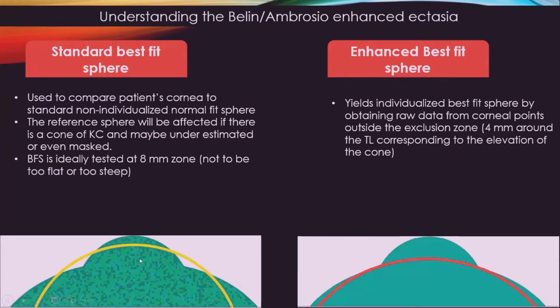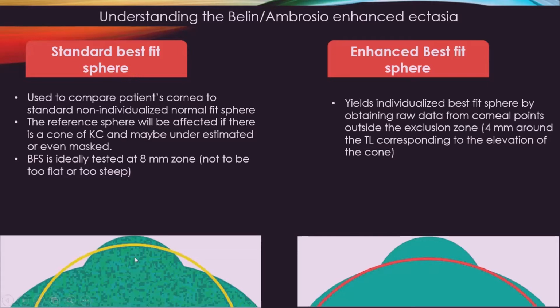So the standard best fit may be steep. And in this case, it will hide part and mask part of the cone under the yellow line. So the Belin-Ambrosio have an enhanced system by subtracting this part with the cone with the highest elevation.